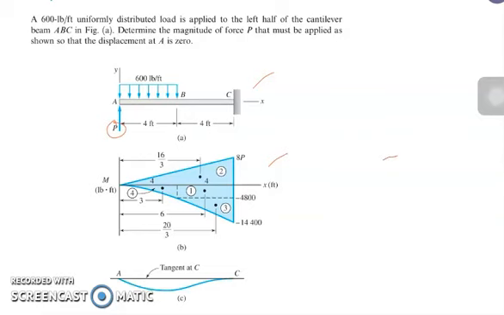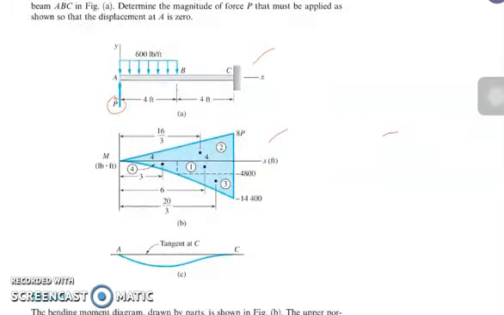From this bending moment diagram, we can now compute the value for the magnitude of P. We choose point C as our fixed support, so this will be our reference point so that we can draw our bending moment diagram.